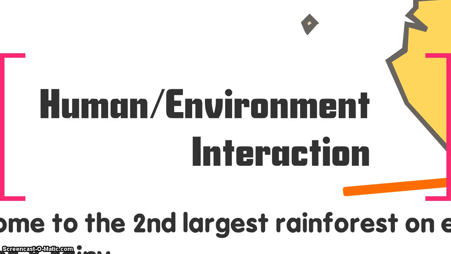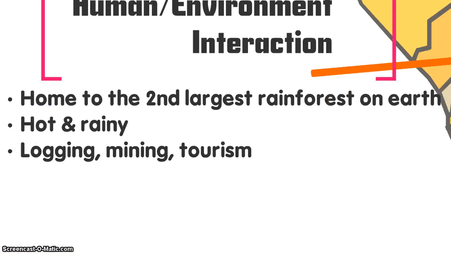Human environment interaction takes a different look everywhere around the world. If we look at the Democratic Republic of Congo, which is a Central African country, we know that we could find easily the location and we could easily describe the place as it is hot and rainy because it is home to the second largest rainforest on Earth, right behind the Amazon.